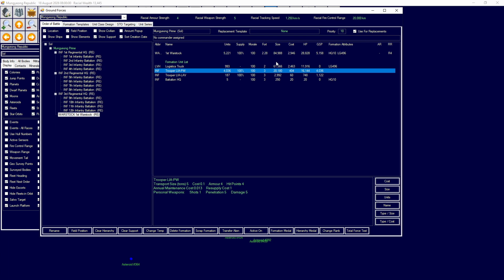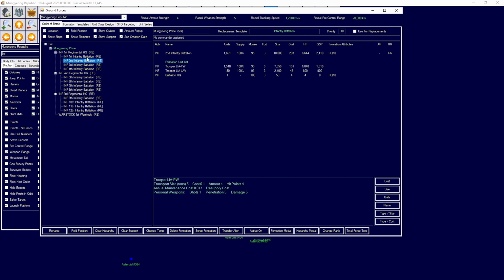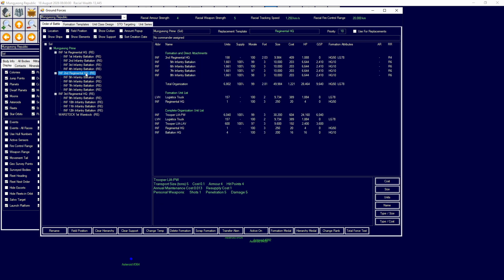One, so you don't have micromanagement in hell. Two, so you're not always having to build new formations. Three, so that you can upgrade your formations over time that are currently in the field. And obviously people also want to keep the formations' RP, they want to keep their stuff around. But as you can see here, we replaced all of our losses, and now we have completely full formations again.